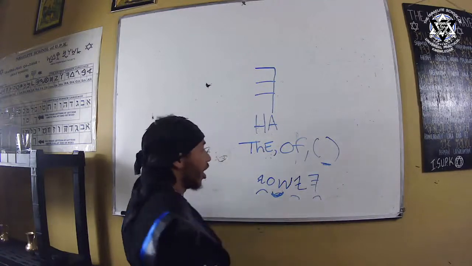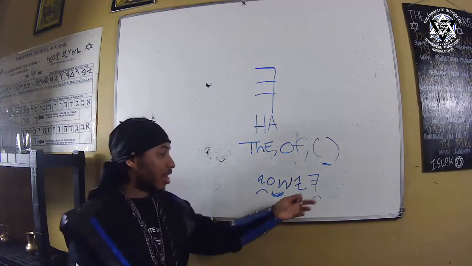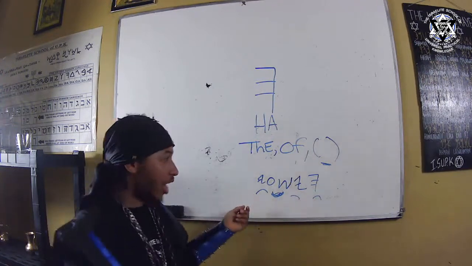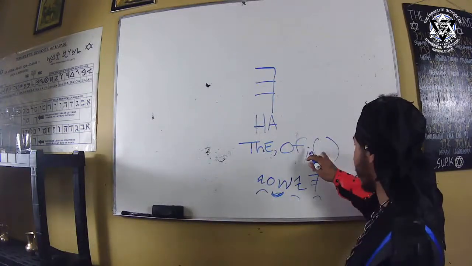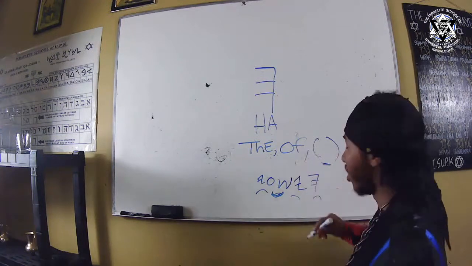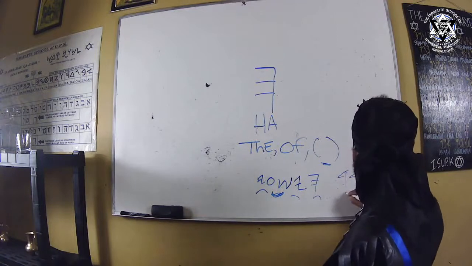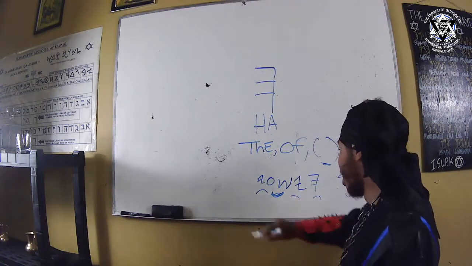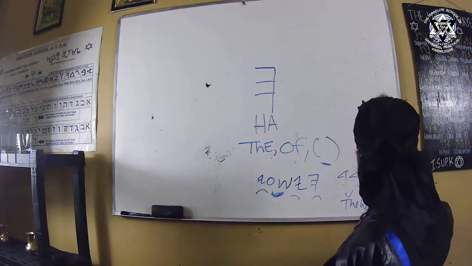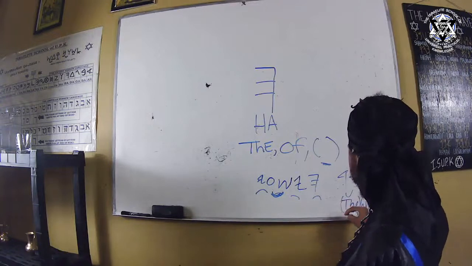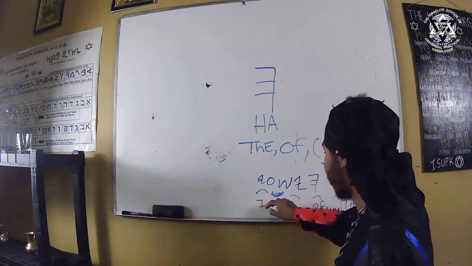If it was Ha Yeshaya, it would be of Hosea. There's something of Hosea, just like you got, and this is written in the scriptures. I'll give you another good example of it not being there, right? You got the bar, Ha Yeshaya, the word. The bar means word or speak. The word, even though the Ha isn't there, the word, and then you got of, and then you got Isaiah.